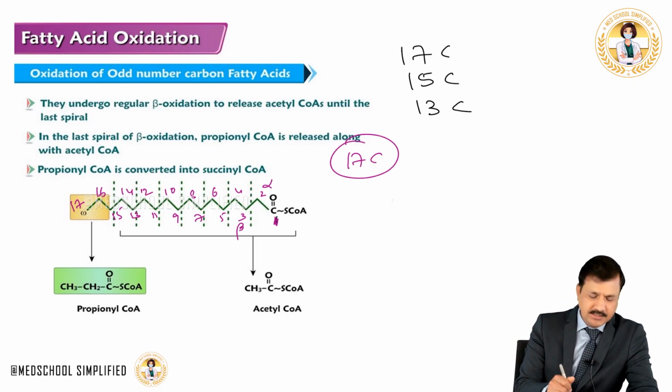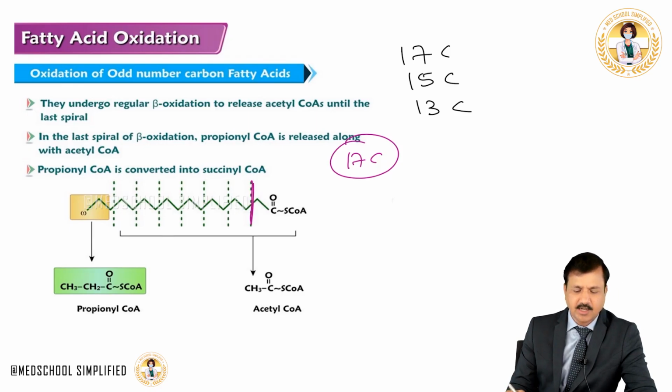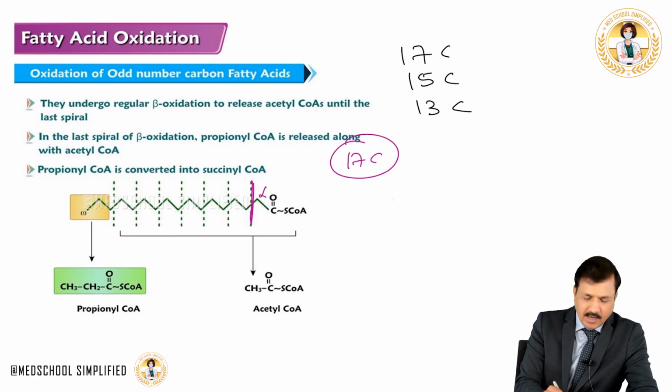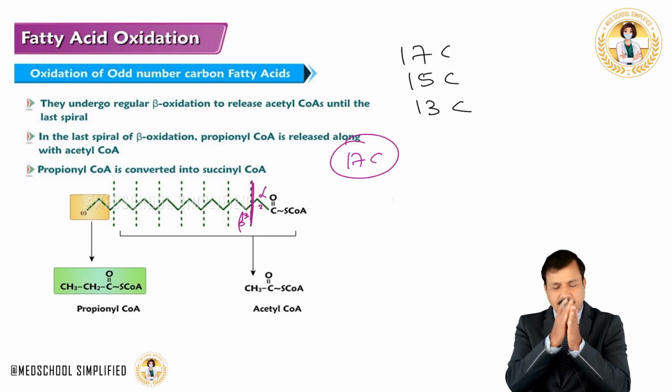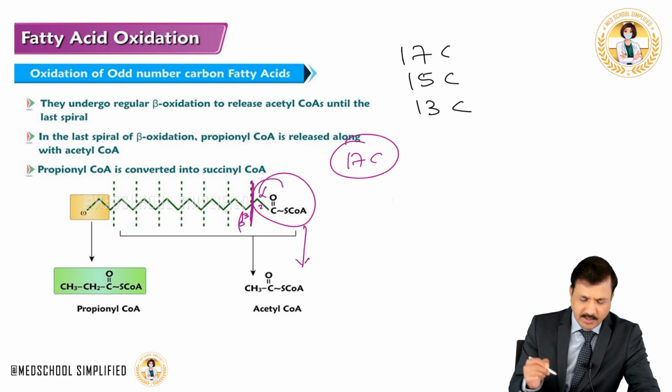All these dashed lines that you are seeing here, I am going to take out all these numbers now. The dashed lines are the indication of beta oxidation going on between the alpha and beta carbon bond. The bond between the second and third carbon is broken and there will be release of an acetyl-CoA molecule.